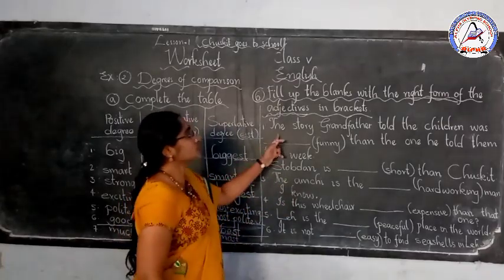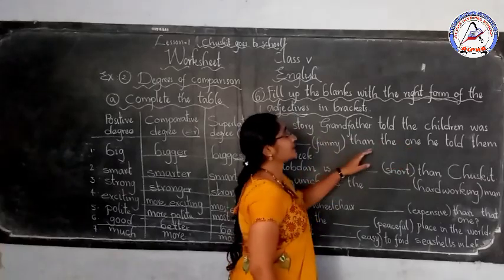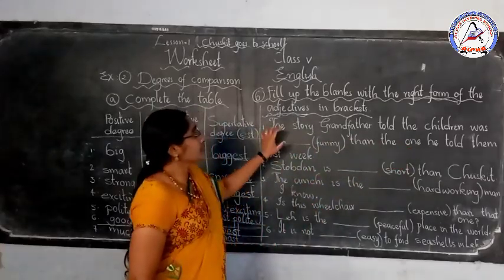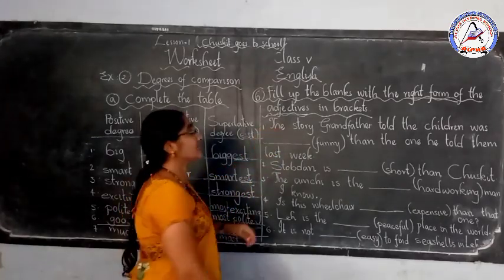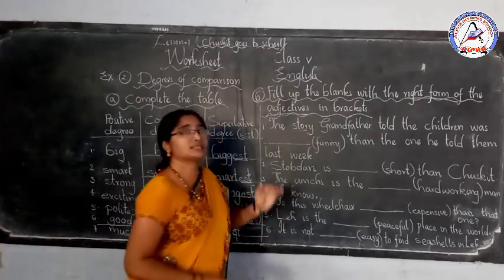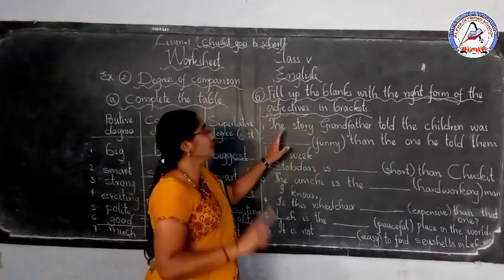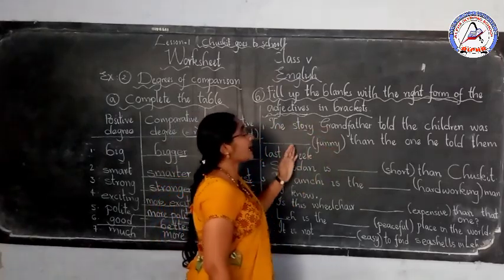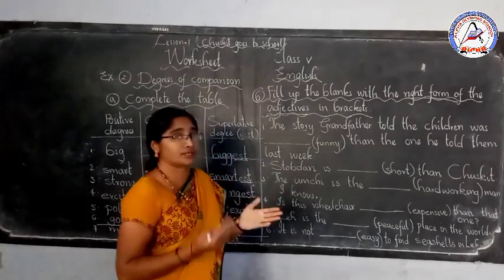Let us see. The story grandfather told the children was dash than the one he told them last week. So what is the subject of this sentence? It is telling about the story. What is the subject? The story. Is this story singular? Yes, it is singular. So grandfather told stories.